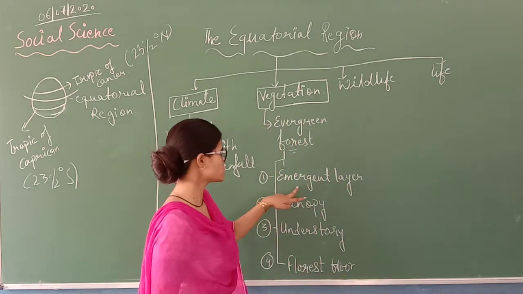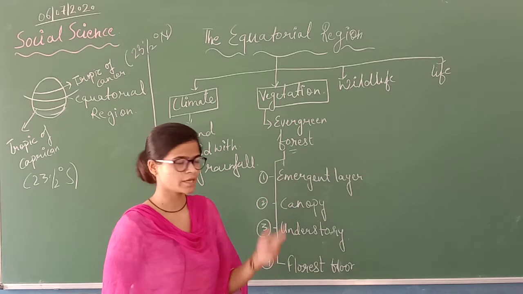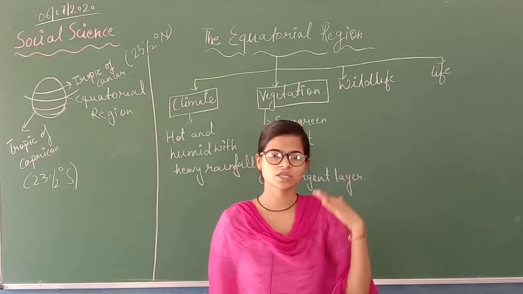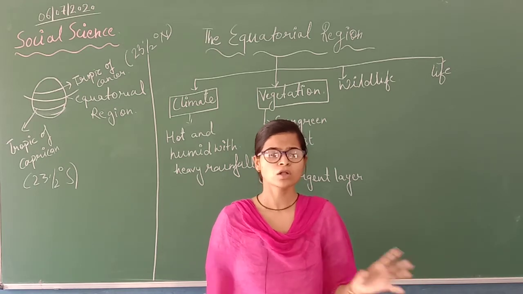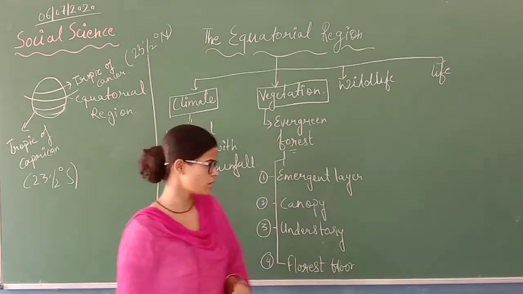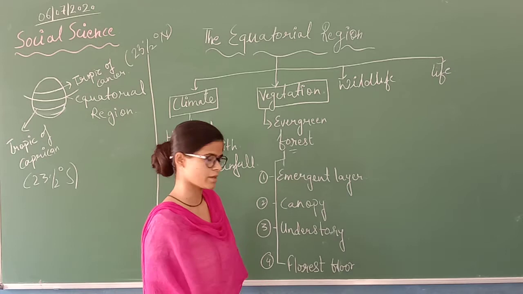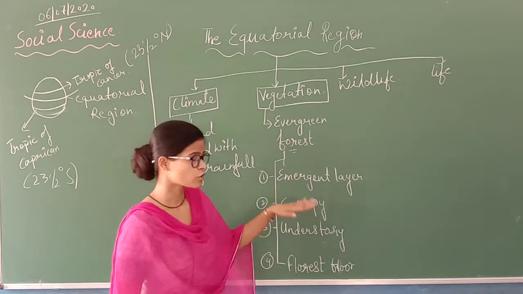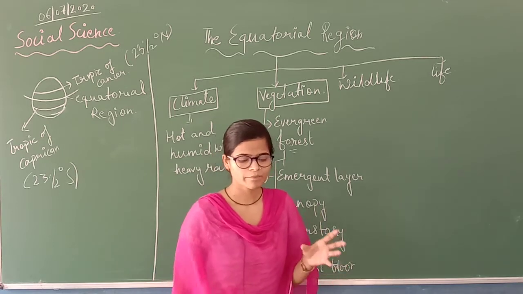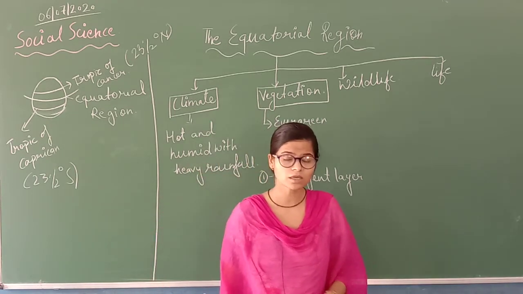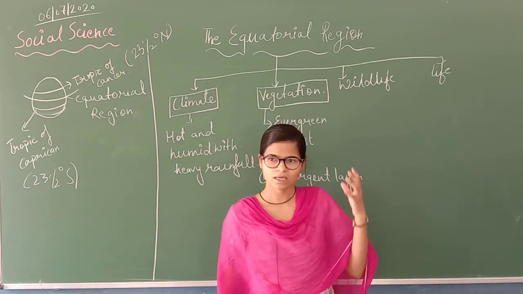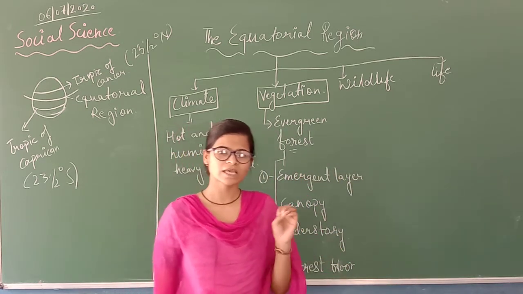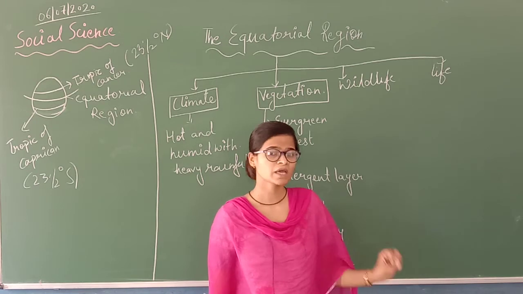The emergent layer is the topmost layer. All the big, tall trees will come under this emergent layer. Then the canopy. In the canopy are those plants which make a crown, like we have crowns on our kings and queens. In the same way these plants make crowns.